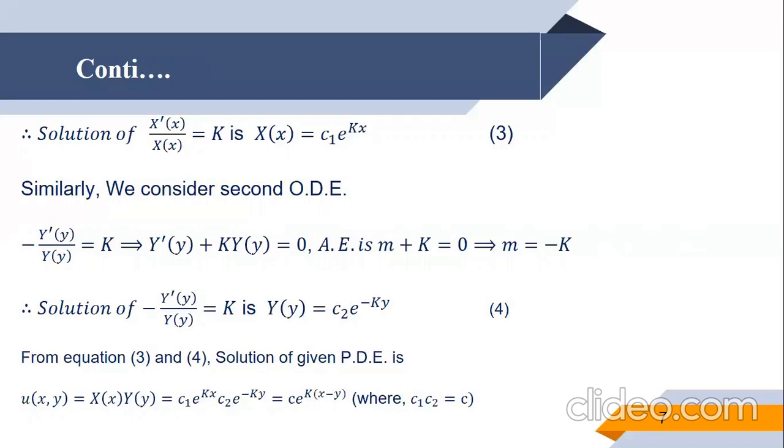So we solve the first order ODE, then we get X of x. We solve the second ODE, then we get Y of y. And we put both X of x and Y of y in equation 1.